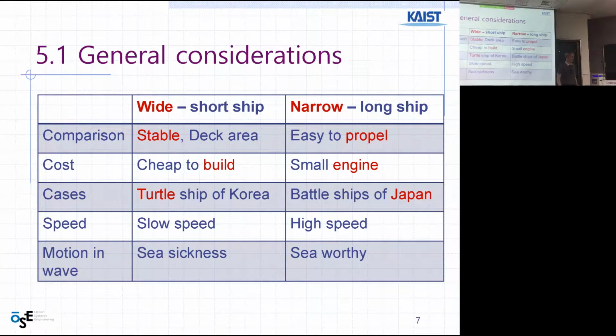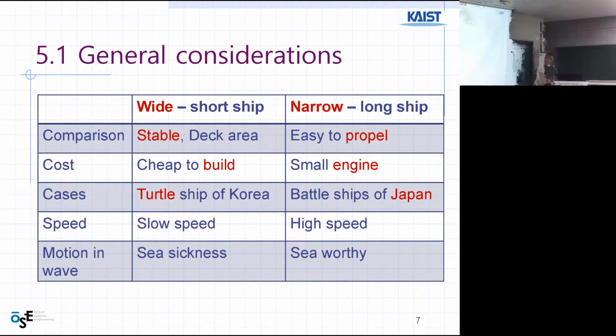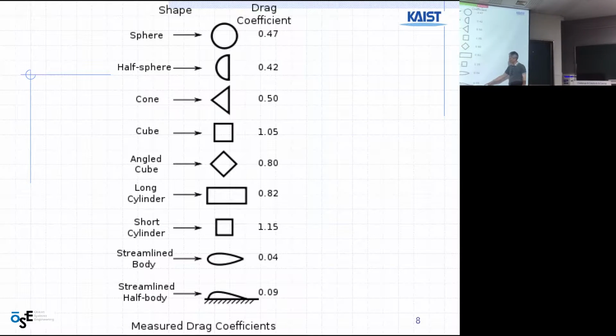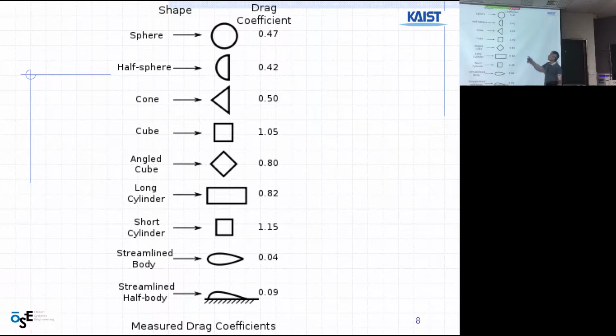The background: can you remember something from the hydrodynamics class? Drag coefficient. A blunt shape, something like a square, is highest, right? Or a short cylinder, meaning this way, is higher.